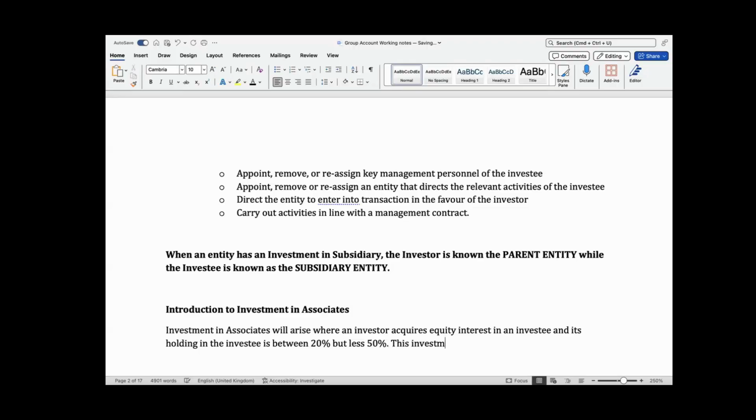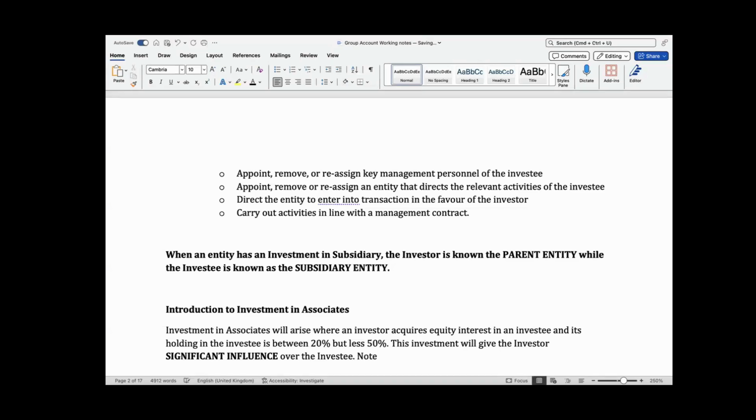This investment will give the investor significant influence over the investee.